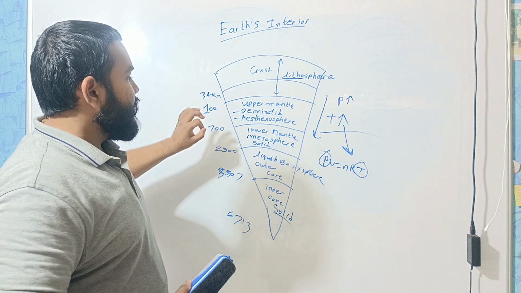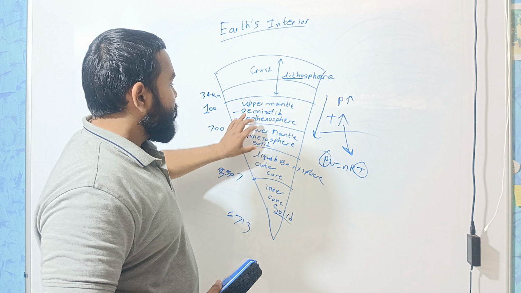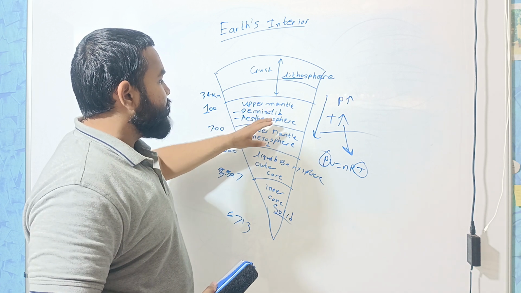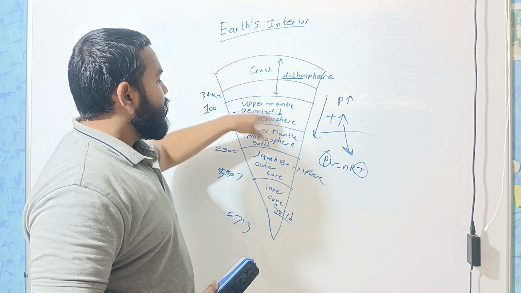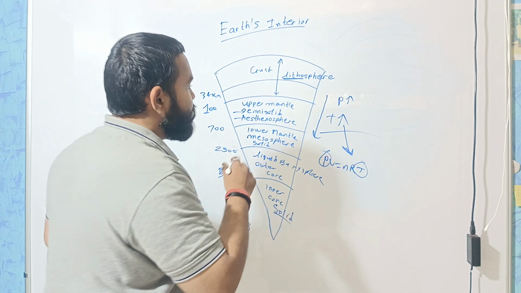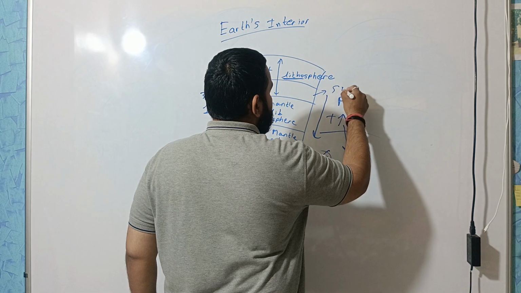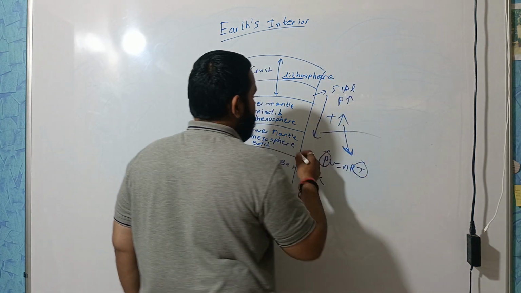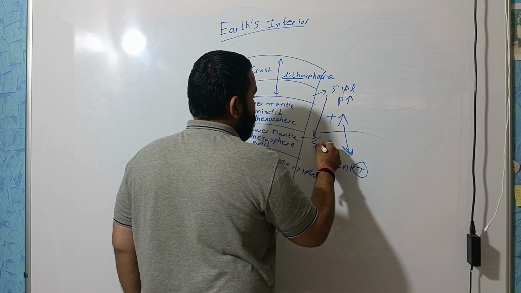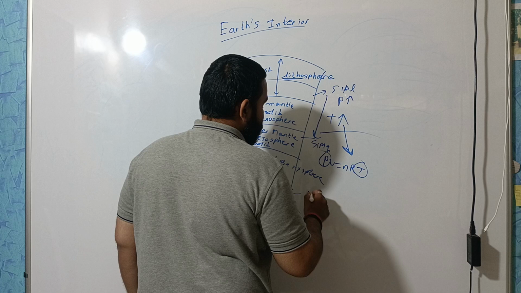So why is this semi-solid? Because there is an inner pressure also, and the minerals which the layer has. Sorry, I forgot to tell you about minerals or composition. The crust is silicon, aluminum. Mantle is silicon, magnesium, and core is nickel and ferrous.